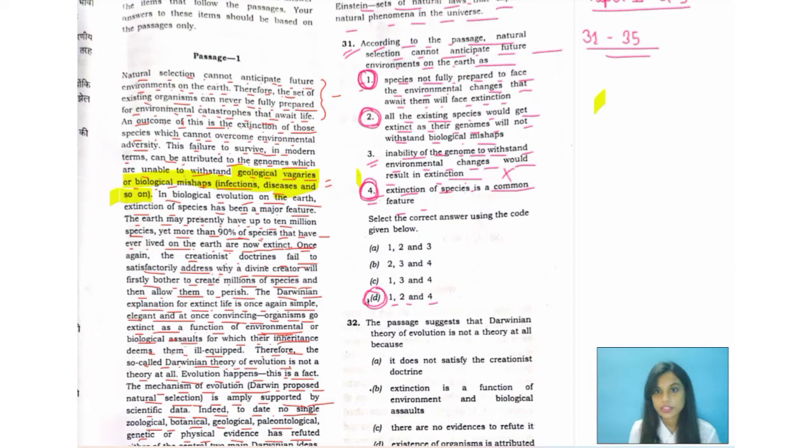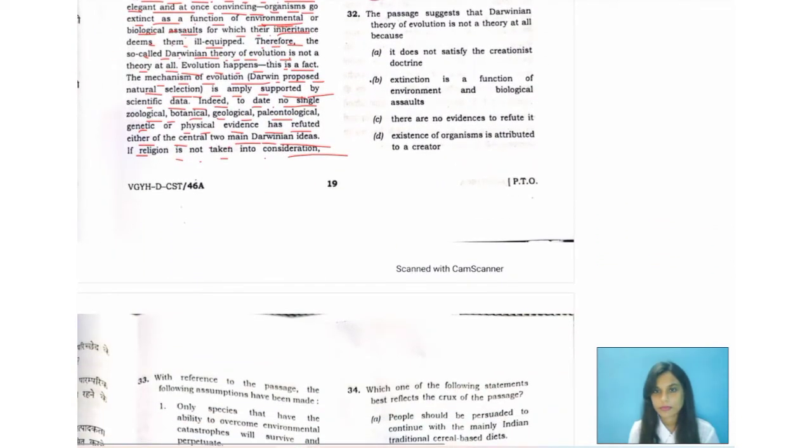Let's move over to question number 32. Question number 32 says the passage suggests that Darwinian theory of evolution is not a theory at all because number A says it does not satisfy the creationist doctrine.